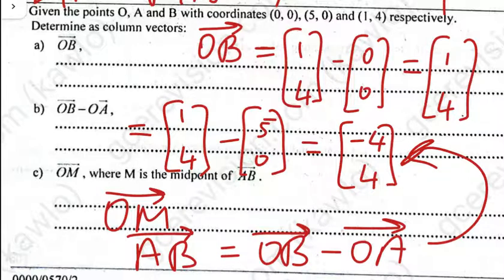Since our AB here already is (negative 4, 4), the midpoint of that is going to be half of that. And what's that going to give us?